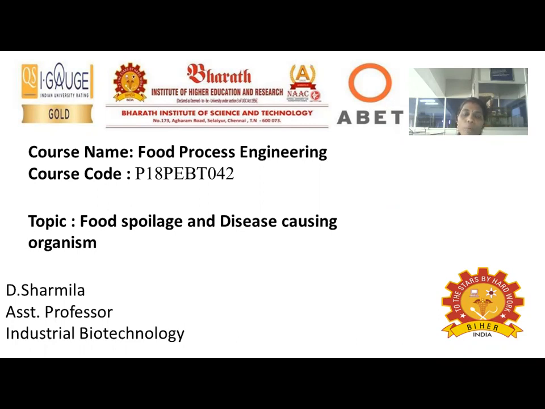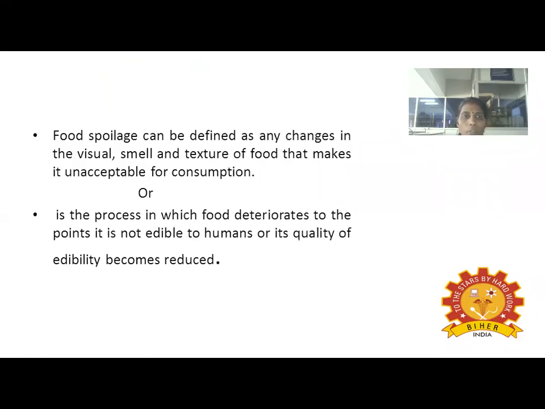Today, I am going to discuss food process engineering. The topic is food spoilage and disease-causing organisms. Food spoilage can be defined as any change in the visual appearance, smell, or texture of food that makes it unacceptable or undesirable for human consumption.